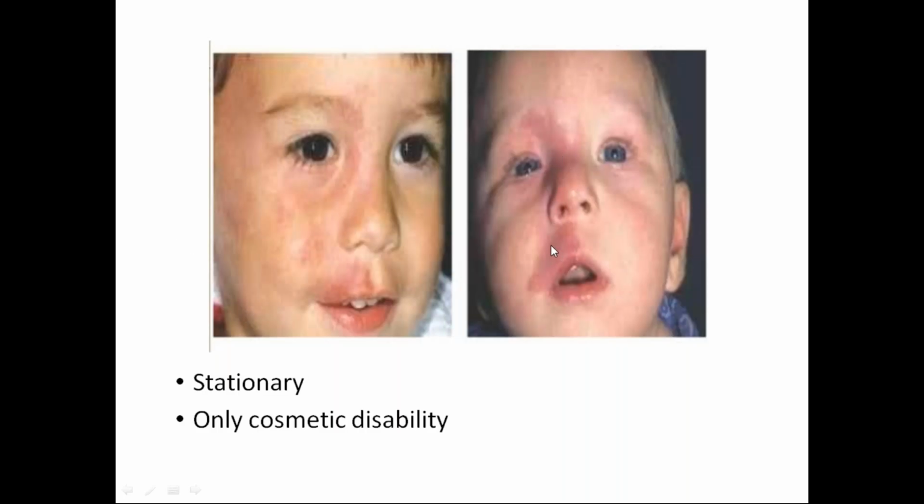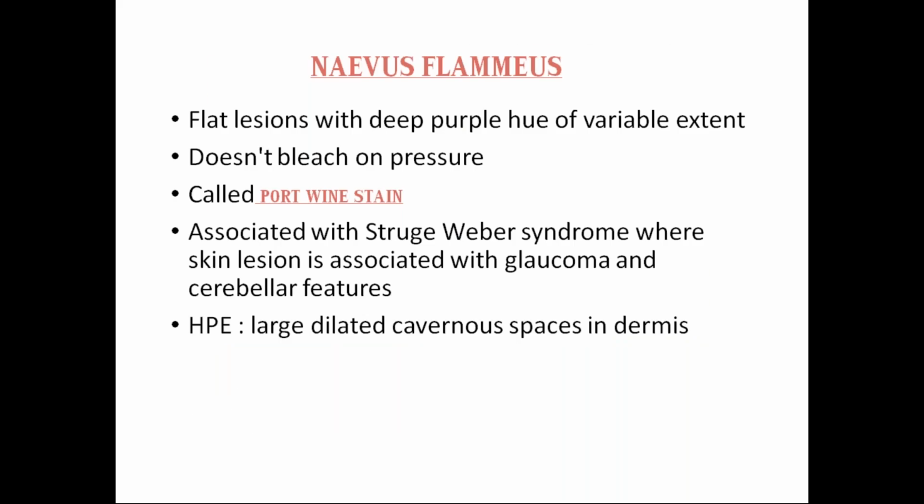It is not a capillary lesion. It's something similar to a venous lesion, where veins are involved, and usually they are present like that in early childhood. It's also called port wine stain.